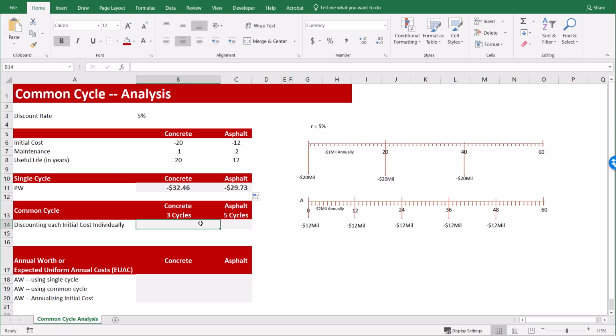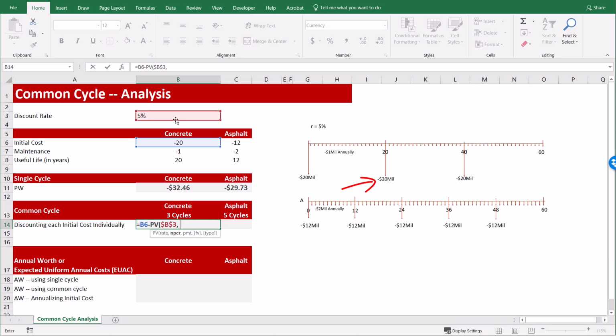And actually, let me calculate here what the costs are going to be to find the full cycle. We can discount each of the costs. We're going to get the original 20 million, minus the present value at 5%. We need to discount this. The number of periods would be 20, with no intervening payments.